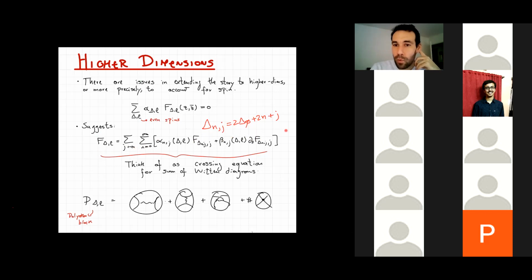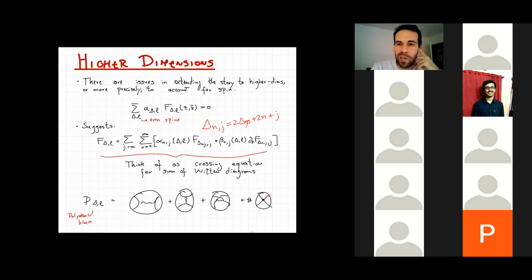And actually, an equation that looks like this already exists. Indeed, this is nothing but the crossing equation for crossing symmetric sums of Witten exchange diagrams. So you can define a Polyakov block, which is simply the crossing symmetric sum of Witten exchange diagrams, plus some contact terms, because these are crossing symmetric by themselves.